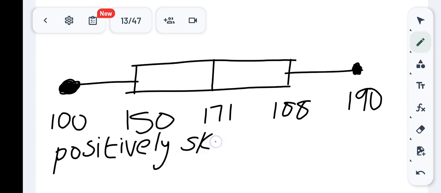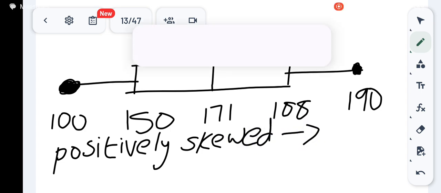If your skewness is positive, positively skewed, then this means that most scores or most values or most numbers lie to the right.